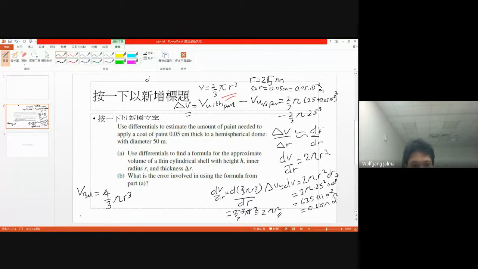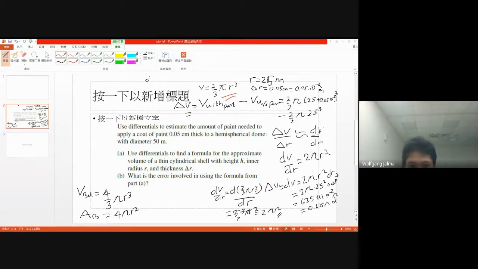And the area of the ball is 4 pi r squared. Remember that? It's basically, the area is just the derivative of the volume. Okay, do you get it now? Yep. Much easier than my original solving. Yes. Okay.